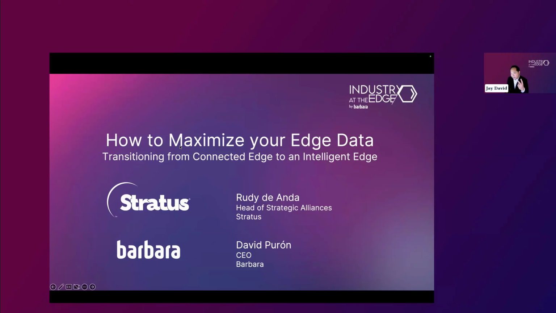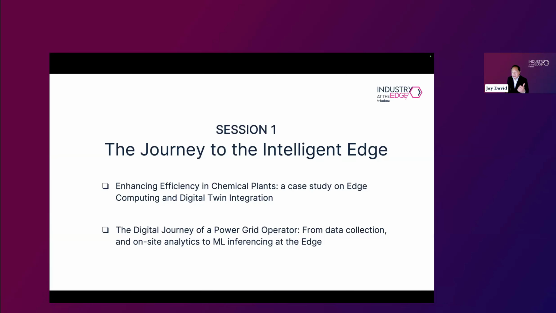Before we begin, I'd like to inform everyone that today's webinar is divided into two sessions. In the first half, we will take you on a journey to the intelligent edge and present two customer case studies. First, one on edge computing and digital twin integration, where you will learn how this technology enhances efficiency in a chemical plant.